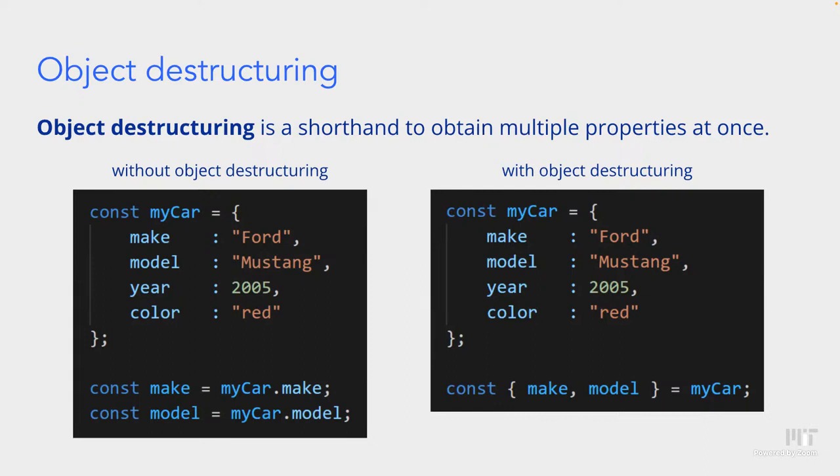Then you can make a very quick one-liner instead of having to do the dot or the bracket notation to assign it to a variable every time you get the value. So this is very clean and simple compared to the previous version.